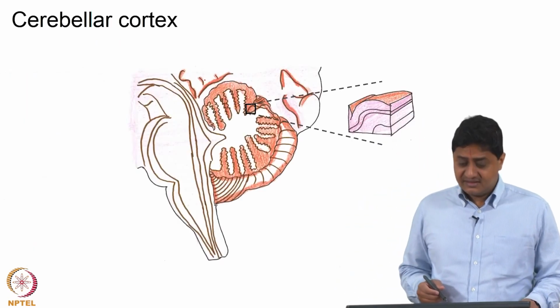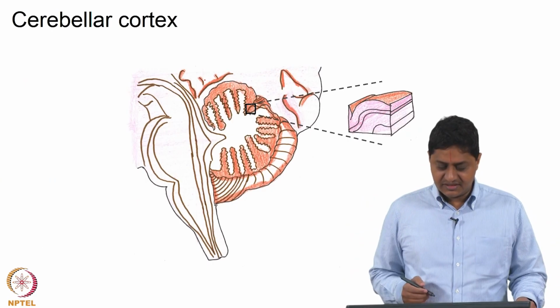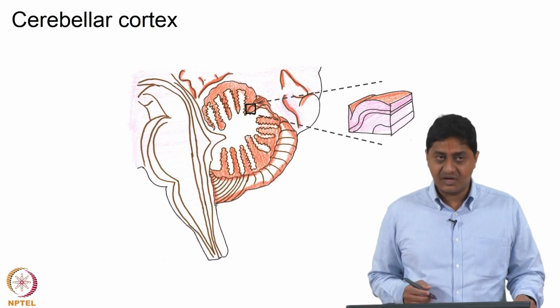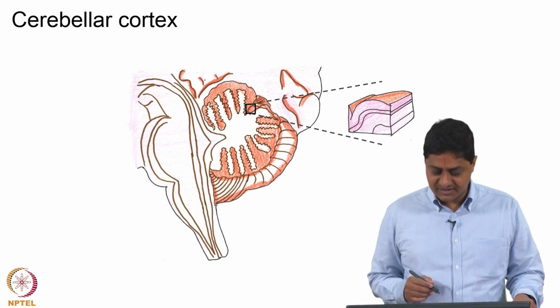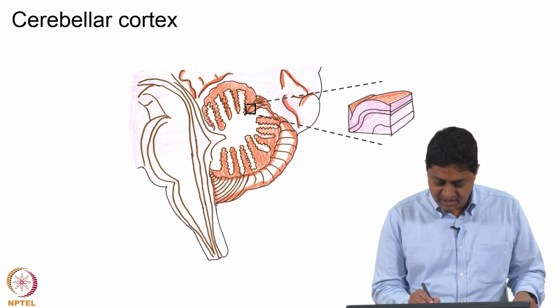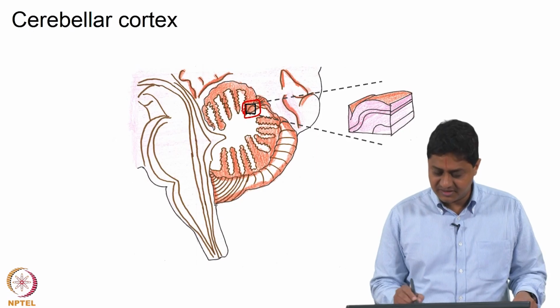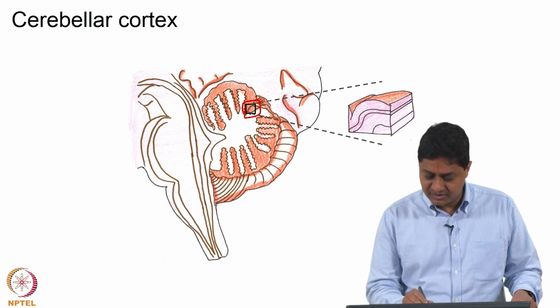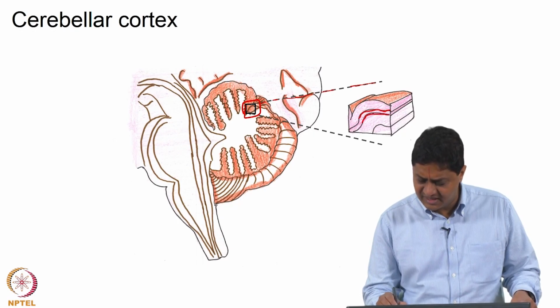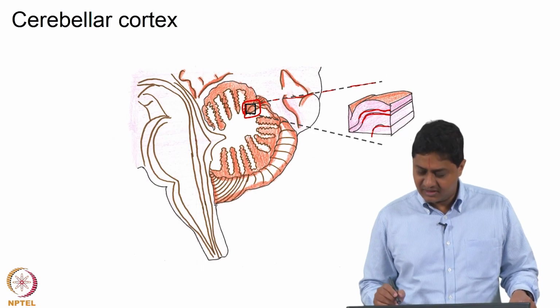So, we said that the cerebellum is located inferior and posterior to the brainstem and inferior to the cortex. If you take a relatively small area of the cerebellar cortex, it has this unique 3 layered structure. There is one layer there, a relatively thin layer, and a thicker layer at the bottom.